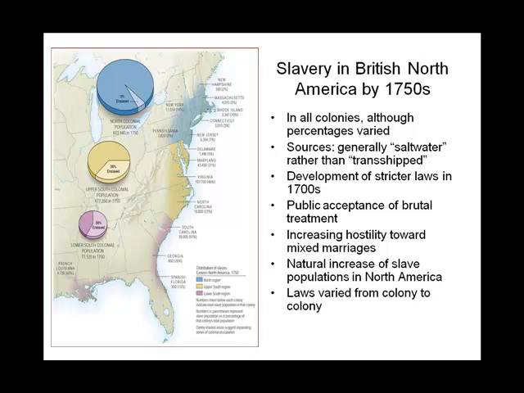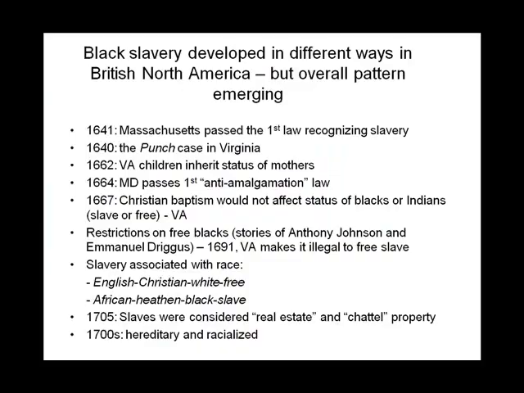And then finally, the laws on slavery varied from colony to colony. In the other chapter, they talked about how slavery had developed in the colonies. And what becomes very clear is that in the American colonies, the way in which slavery is going to be practiced depends on where you're located.